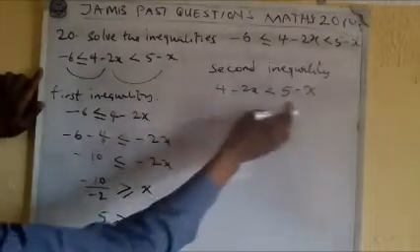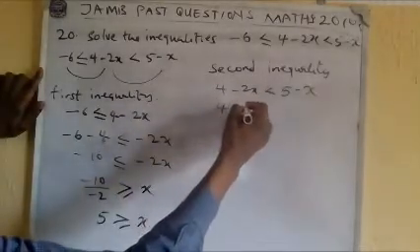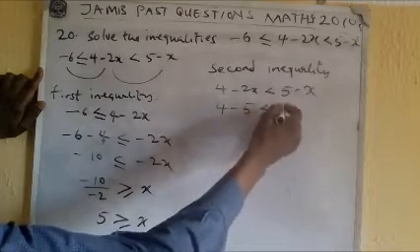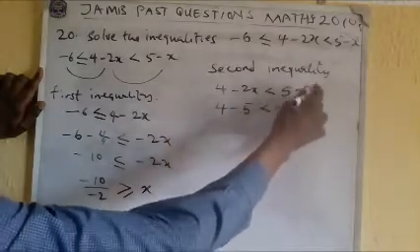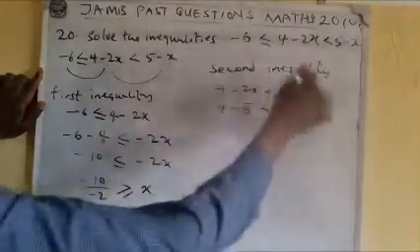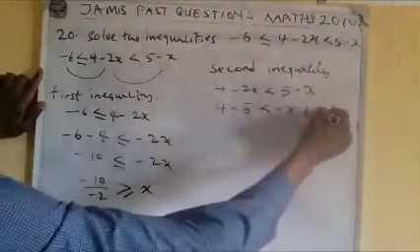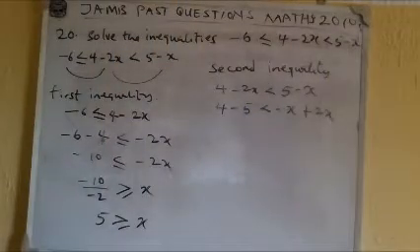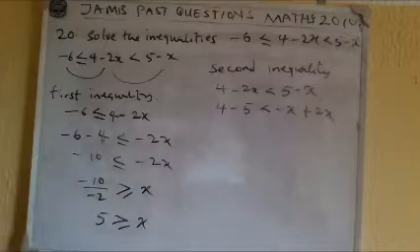So this is 4 here. 5 will go minus 5, inequality here. Then minus x is here. Then this minus crossing becomes plus 2x.